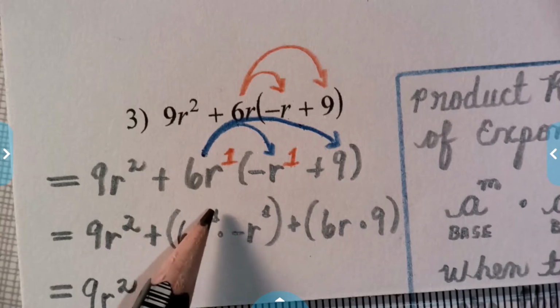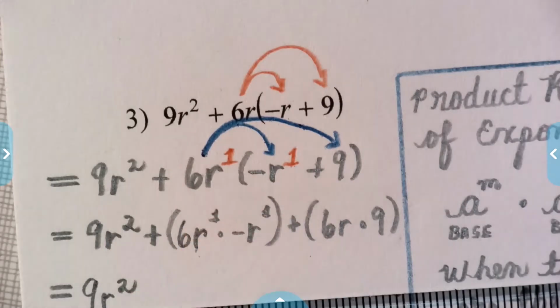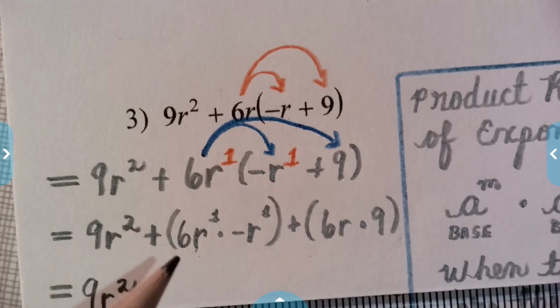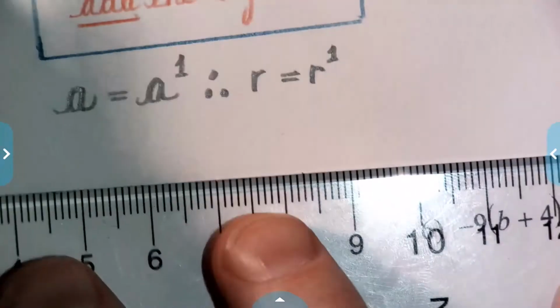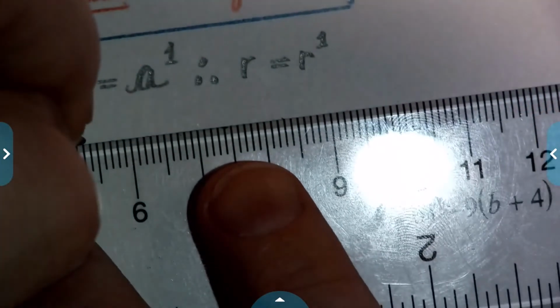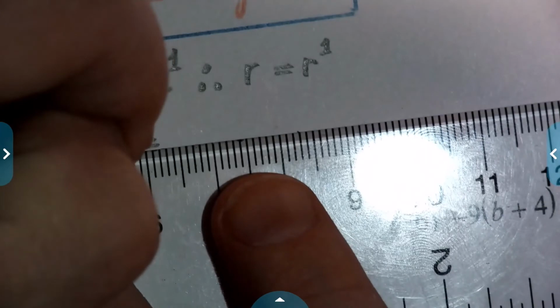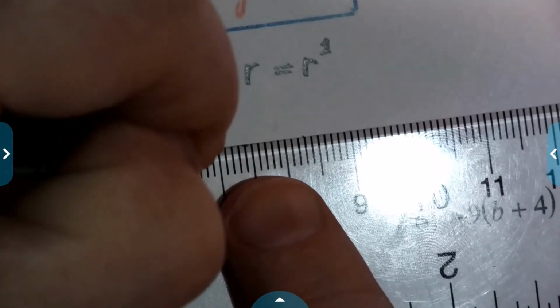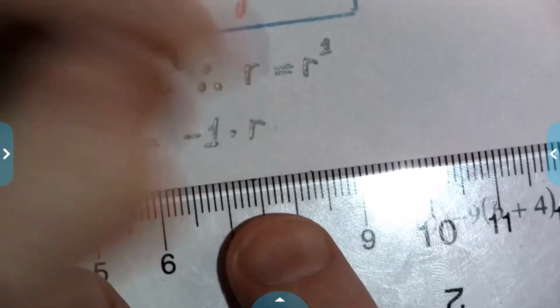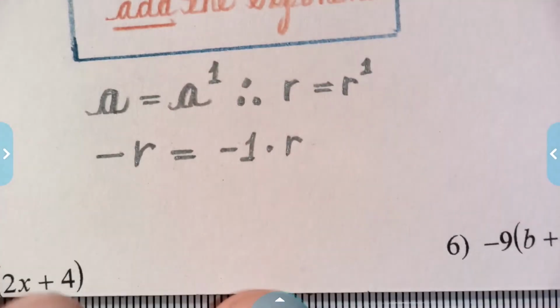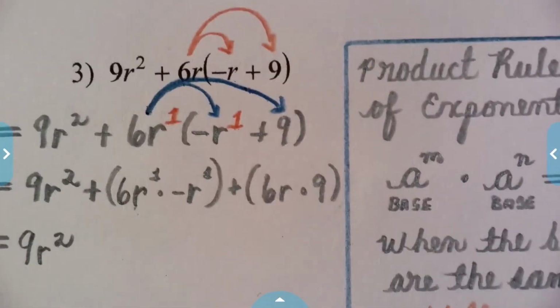The bases are the same, so we add the exponents. 1 plus 1 is 2. And I think I should probably write down here, negative R is equal to negative 1 times R. All right, you got to start to see that.